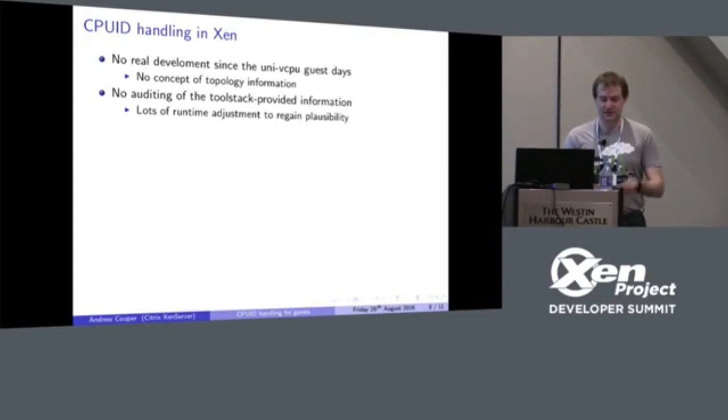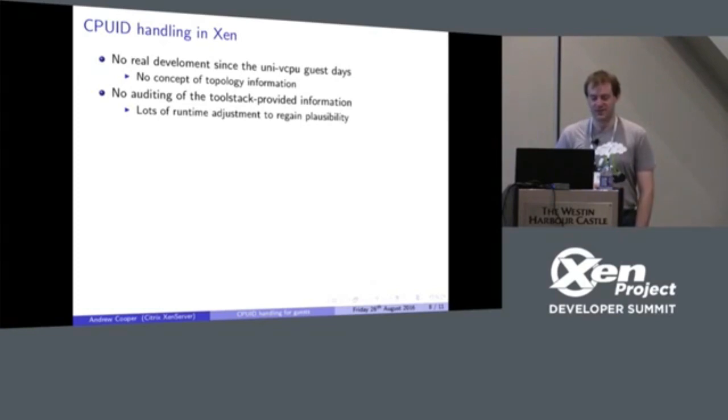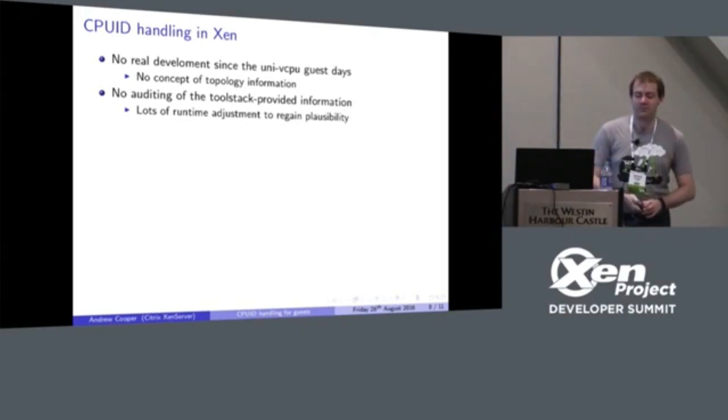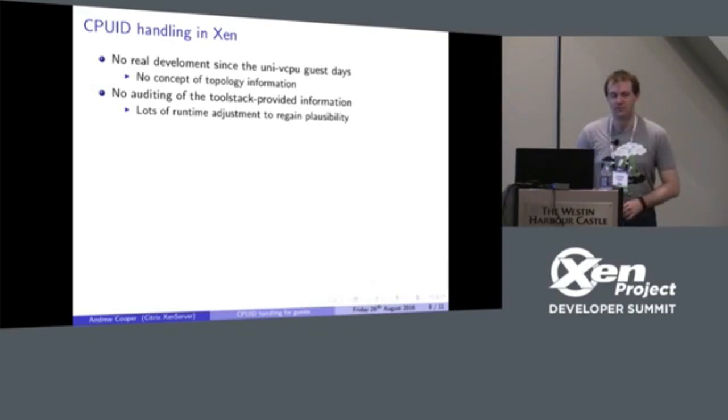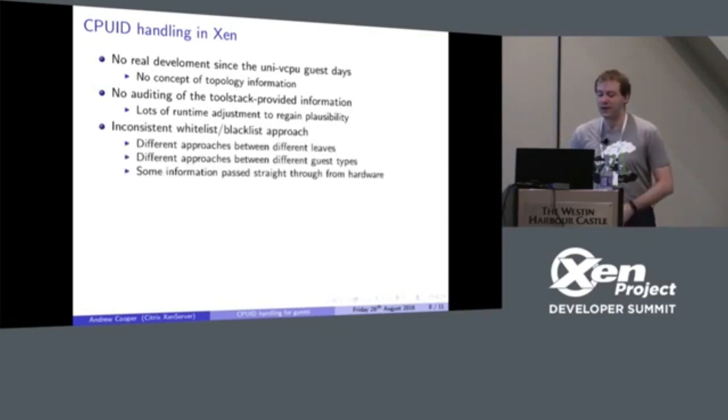The tool stack says, here are some bits, and it puts bits in an array and goes and tries advertising those to the guest. But then Xen comes along later and says, actually, that doesn't look quite right. Here, let's change and tweak that, and does a lot of runtime post-processing to make some completely unaudited tool stack information look at least somewhat reasonable.